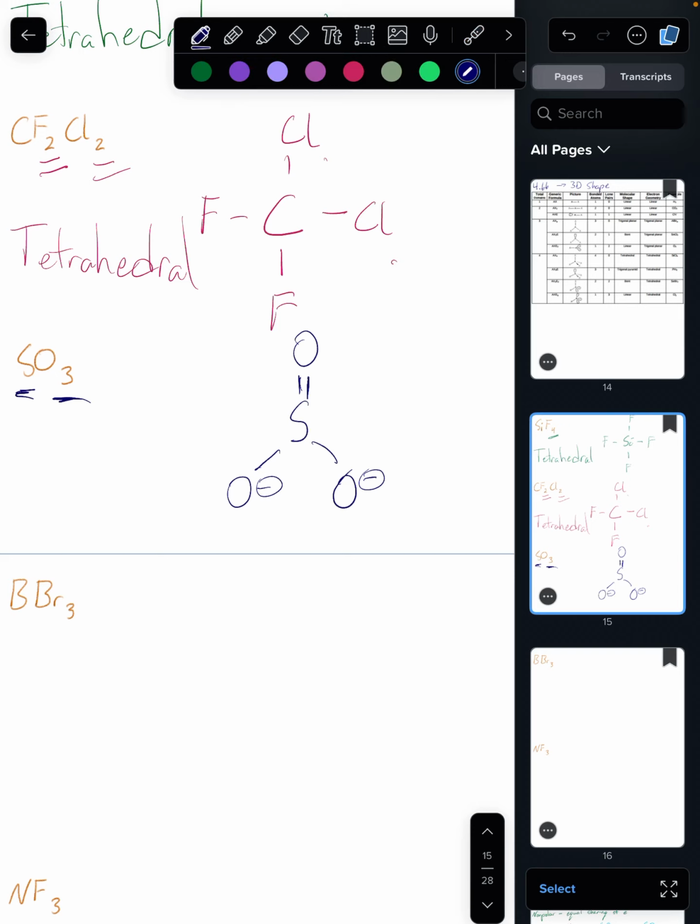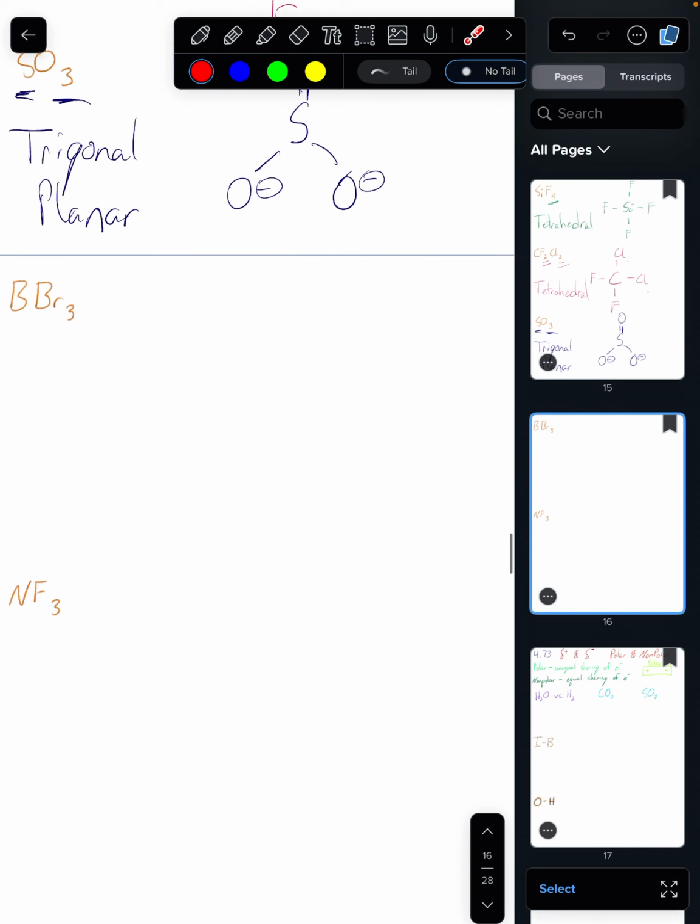So, you would actually get your trigonal planar, because it is in that triangle kind of shape.